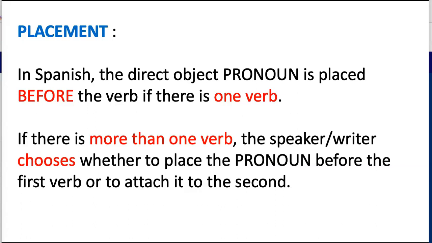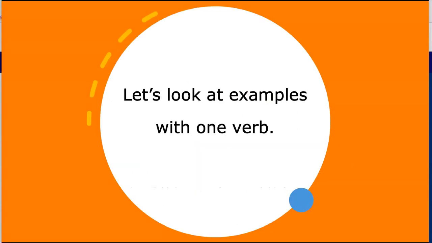Now note, you won't be wrong if you always place the pronoun before the verbs. One verb, put it before, correct. Two verbs, put it before, correct. But I'm going to show you both ways because you're going to see and hear both ways.